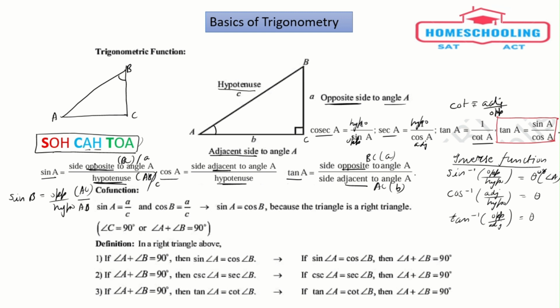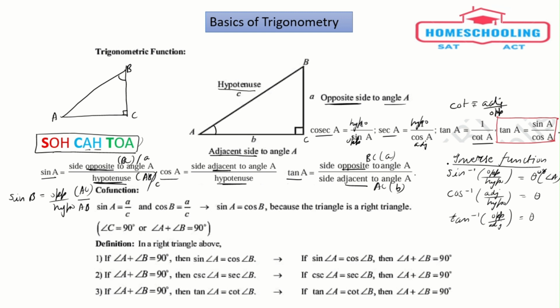So with respect to angle B, BC would be adjacent, AC would be opposite to the angle B, and this one would be your hypotenuse. So you have to remember that. You have to see with respect to which angle the trigonometric function is given. So these are the six trigonometric functions we have learned.